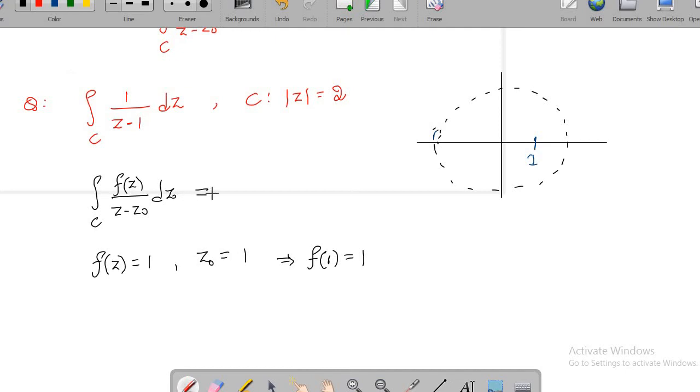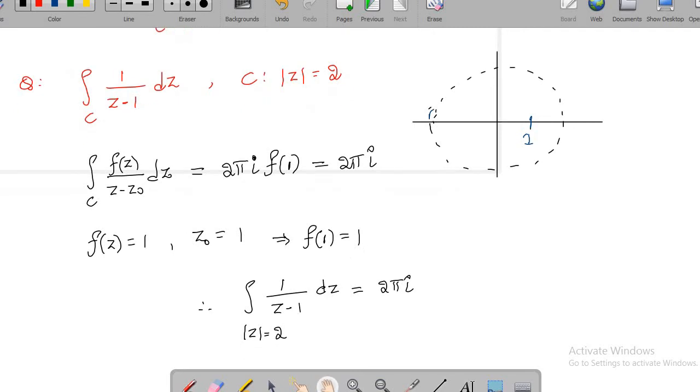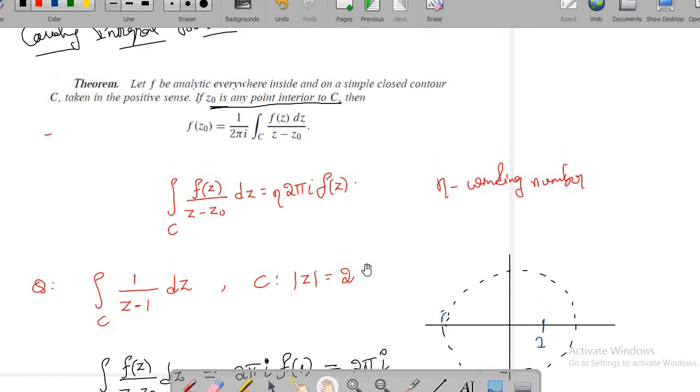Using the Cauchy integral formula, this is 2 pi I into f of 1, which is nothing but 2 pi I. Therefore the value of the integral along C of 1 by z minus 1 into dz, where C is mod z equal to 2, is 2 pi I. So this is the answer. It is very simple; you are simply using this formula.